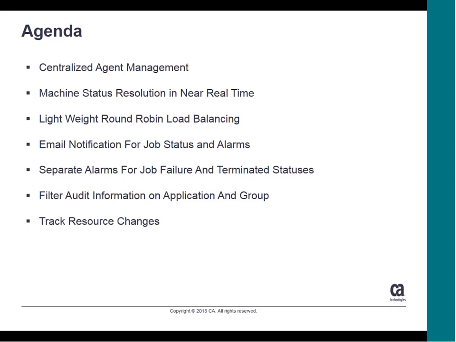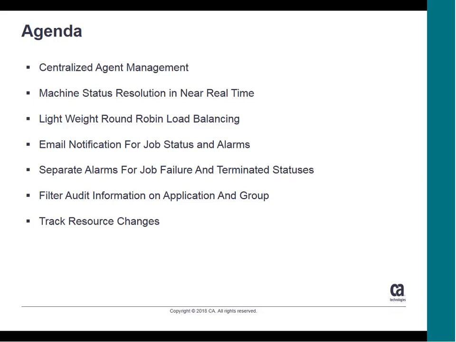We will see that as part of this agenda item. One more thing is that we have separated the alarms based on the job status. So now you have a separate alarm generated for the terminated status of the job. We will take a look at that.